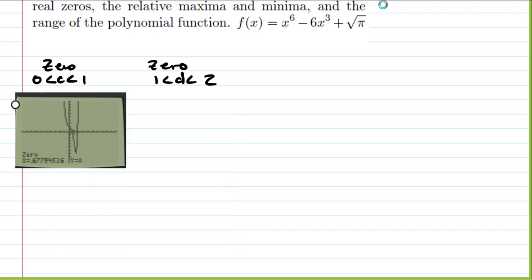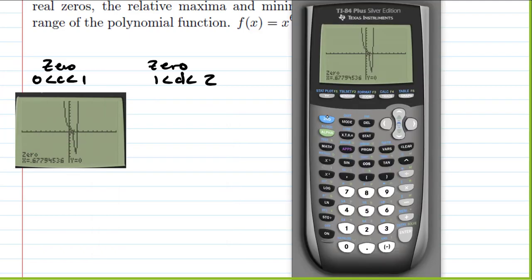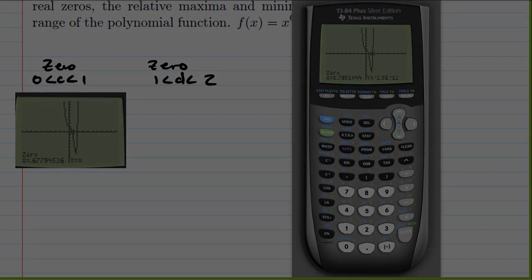We can do the same thing again. So second trace, we want to find a 0, but this time we're looking between 1 and 2. So I go over to 1, hit enter, and then I'm going to move over till my cursor is closer to 2. All right, enter, and then guess. I just move back closer, hit enter, and my calculator gives me the following.